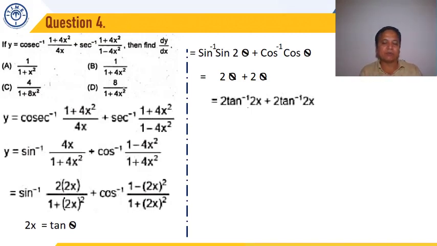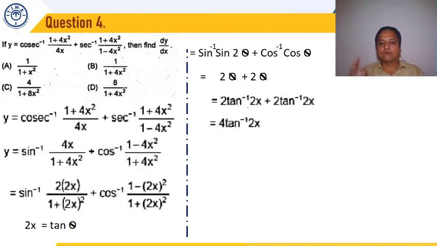Please remember, we use a formula: sine 2 theta is 2 tan theta upon 1 plus tan square theta, and cos 2 theta is 1 minus tan square theta upon 1 plus tan square theta. And 2 theta plus 2 theta is 2 tan inverse 2x plus 2 tan inverse 2x.